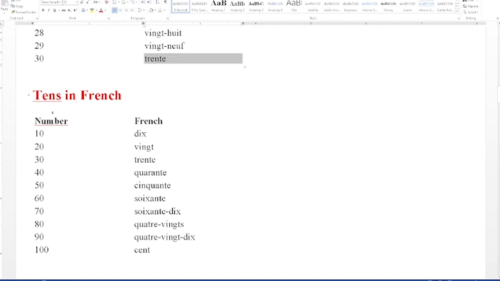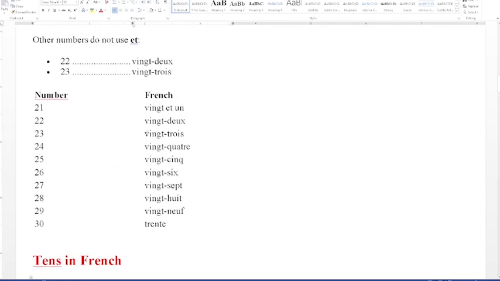Alright, so let's go to the tens. So for these tens, you have 10, you have 20, you have 30, you have 40, you have 50, you have 60, 70, 80, 90, you have 100. You understand? So now when you come to 30, you want to say 31, you apply this rule.